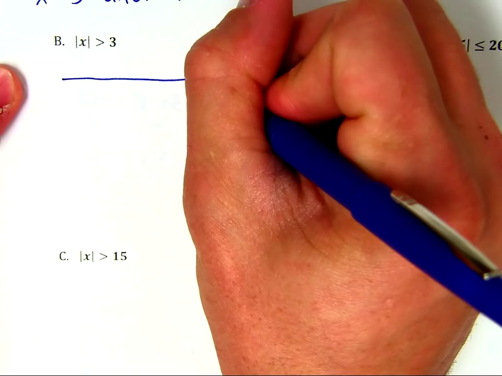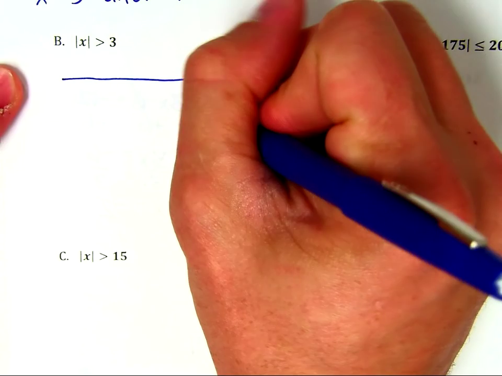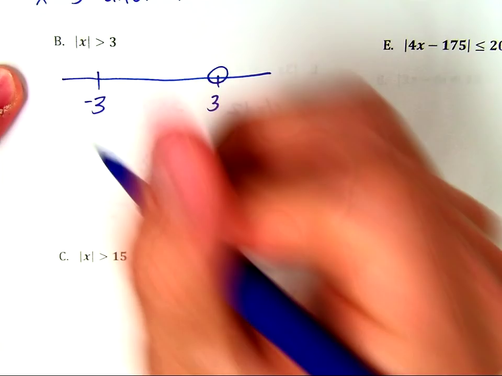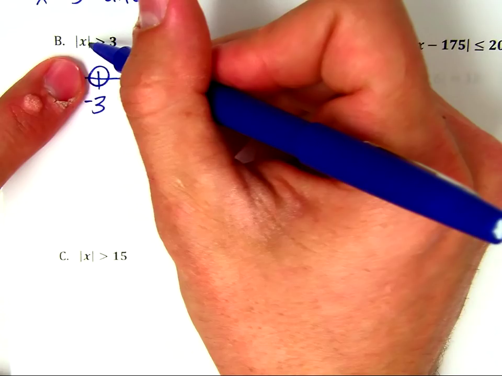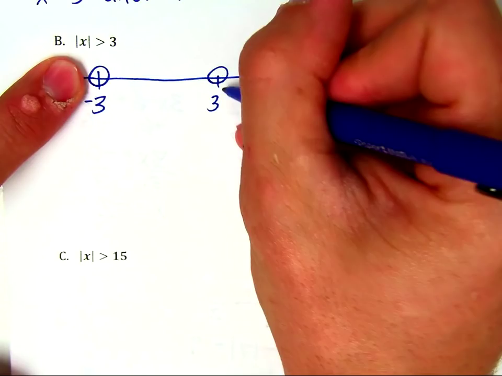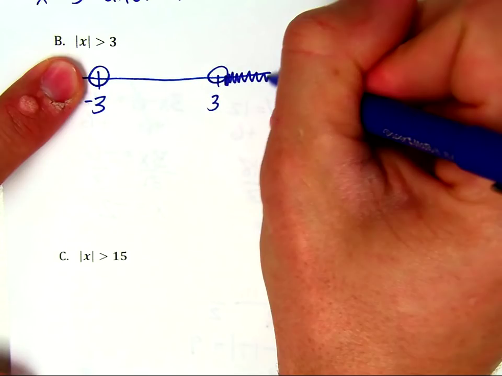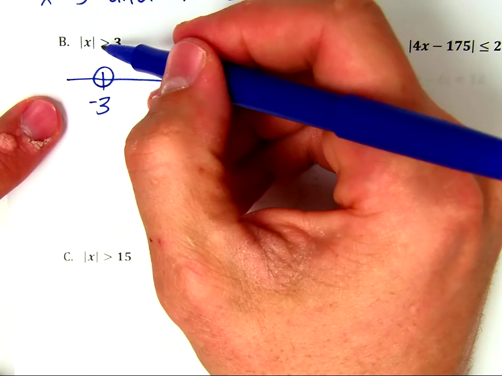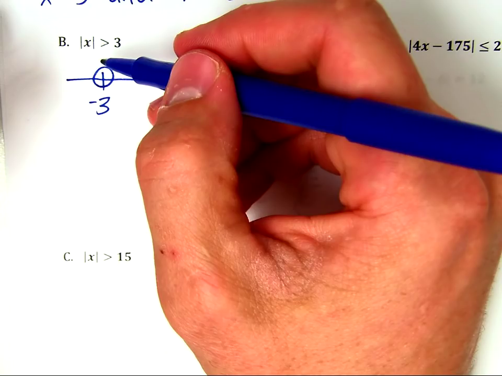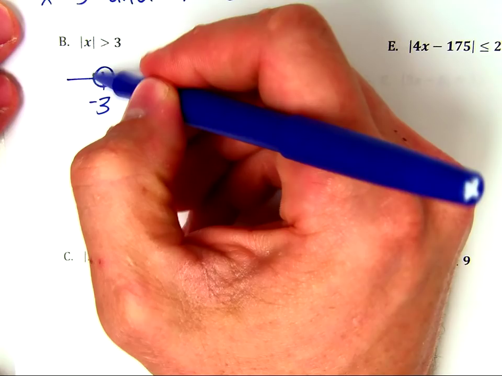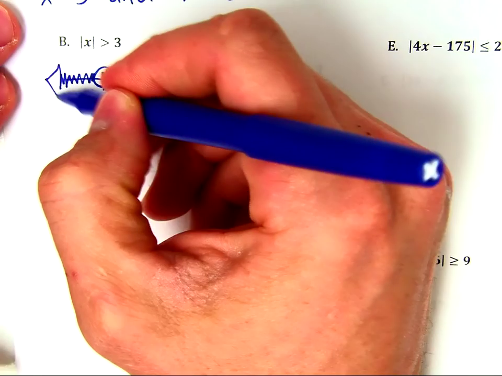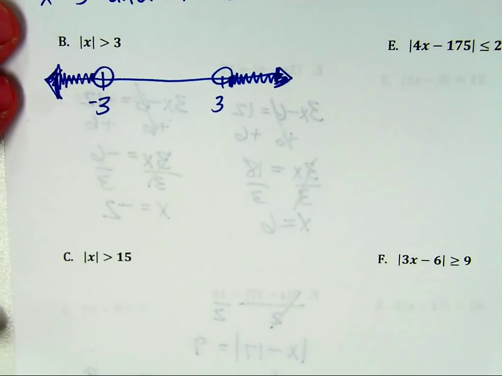I know 3 is right here, and we also have negative 3. First off, what are the positive numbers that are greater than 3? Well, anything to the right. What are the negative values once we take the absolute value? Negative 4, once I take the absolute value of that, is positive 4, it's greater. So it's all the numbers to the left of negative 3.